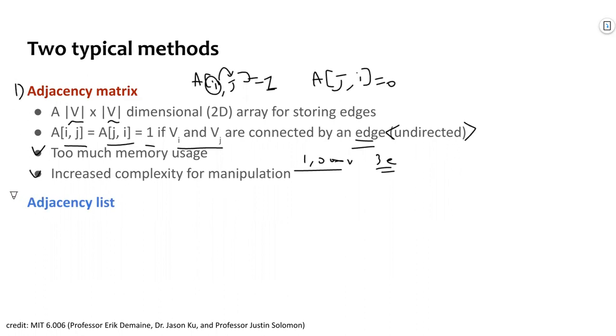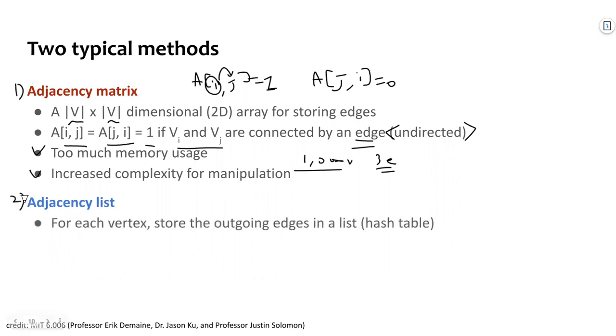And the second method we can use is the adjacency list. For each vertex, we're going to store the outgoing edges in a list. And this list could be a hash table. So the storing process and retrieving process can be very efficient because we're using hash.